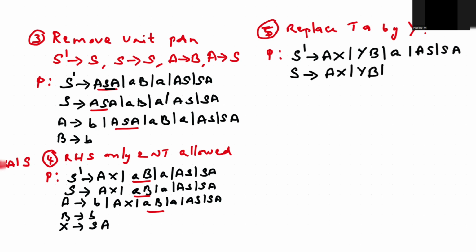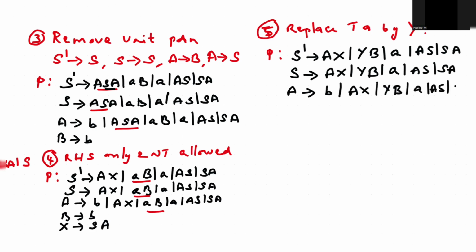So again here also it is replaced, and A tends to a terminal is allowed. And here again A is replaced as Y, AS, SA, where B tends to b, X tends to SA. Here we introduced a new variable Y, so that is written as a new production Y tends to a.